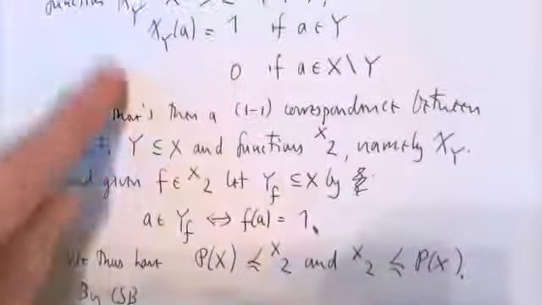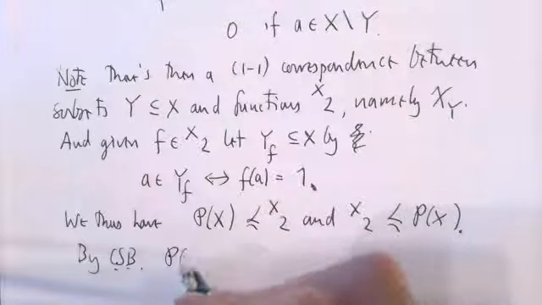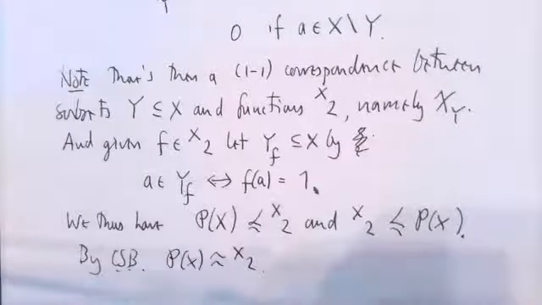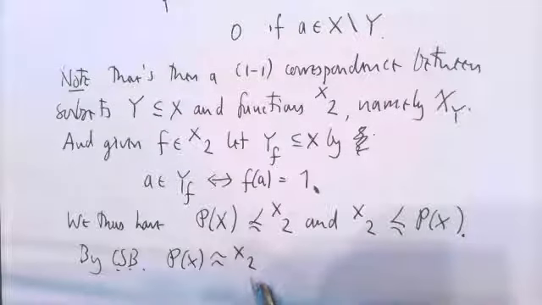In fact, I've described pretty much a bijection here. So in terms of size, the power set of X we can more or less identify with 2 to the X, although the X kind of comes first up here.